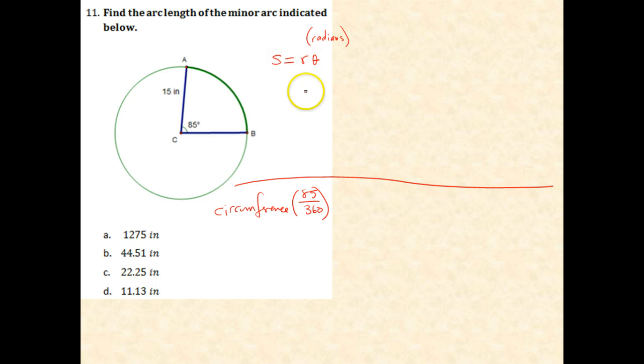So S equals R theta. So the arc length would be 15, that's the radius, times theta, which is 85. But to get that into radians, right now it's degrees, we would have to multiply by pi over 180.